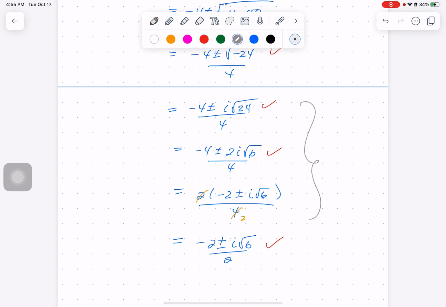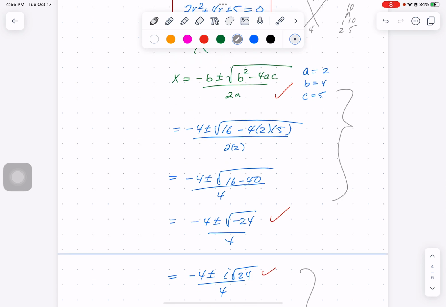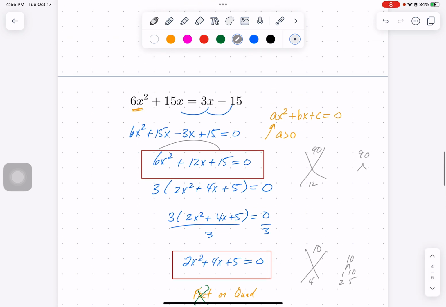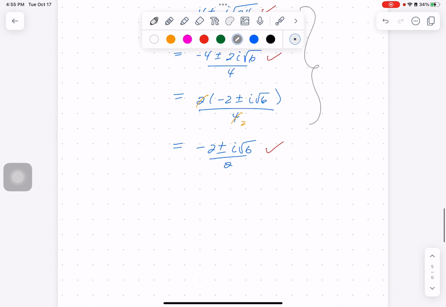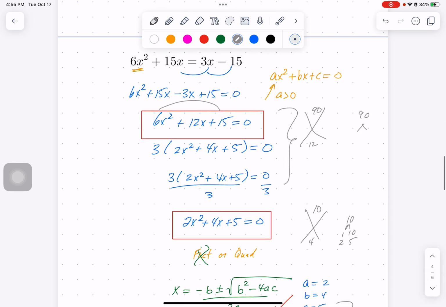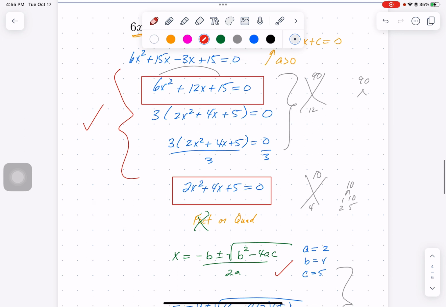So there was this section, and this section, and this section. So let's see how many marks we've got. Oh, did I mark the top? I think we should give a mark for moving everything and making it equal to 0. To be honest with you, whether you common factored or not, that whole thing's only worth 1 mark.